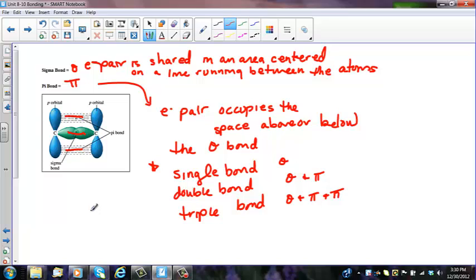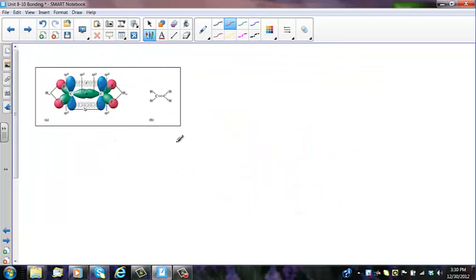All right, moving on. A few more diagrams here. In this picture, this is basically showing you the orbitals used to form the bonds in ethylene.